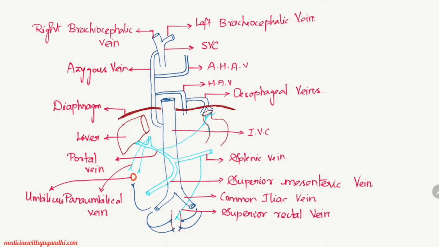And of course, this is the middle and this is the inferior rectal vein. So these are the middle and inferior rectal veins. See here, this structure, which I have shown in brown color, is the rectum.